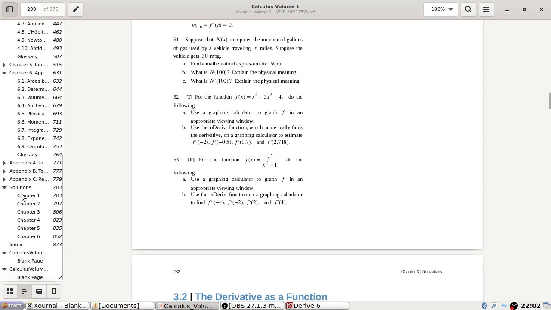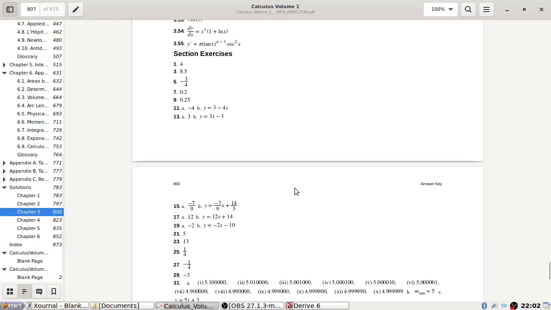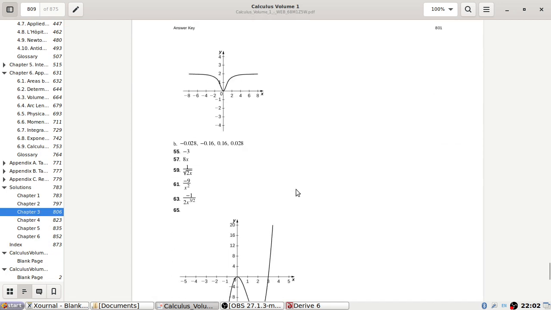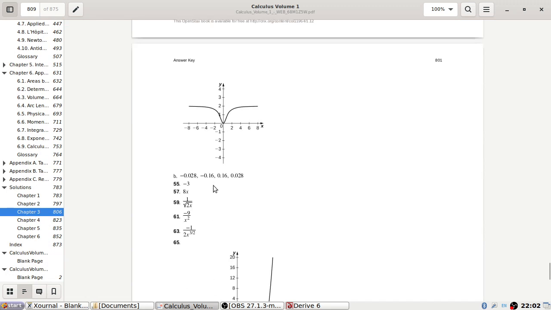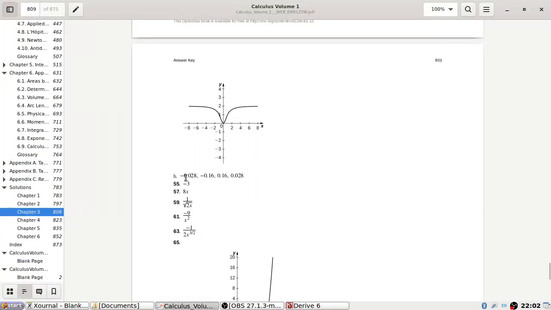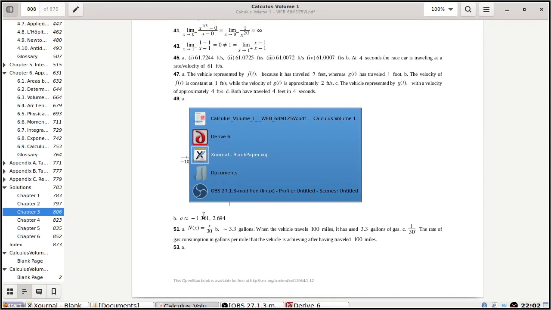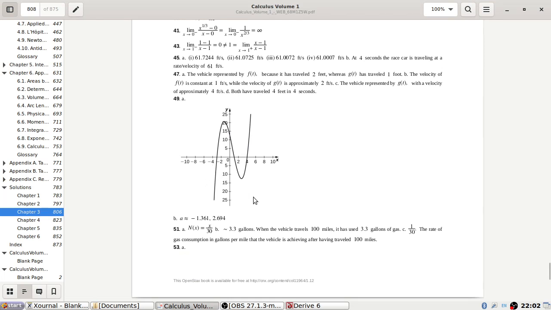Let's check the answer for 53. Yep, yep, yep, and yep, they have it. It's weird, they have this one to 2 significant figures, but earlier they had this one to 4 significant figures. So it's a bit inconsistent here, especially since the questions don't specify the number of significant figures. But oh well, doesn't matter.